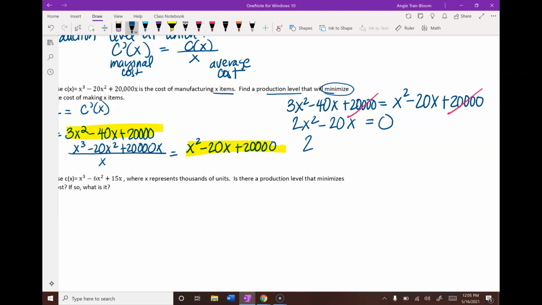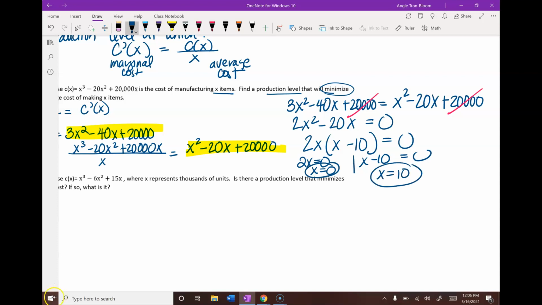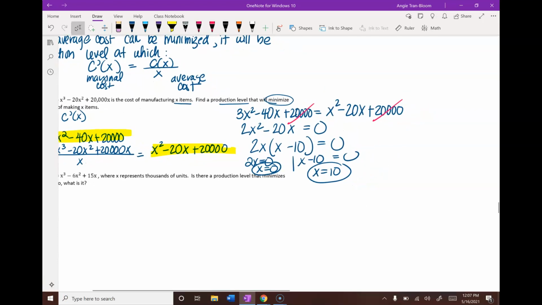Looks like I can factor out a common factor of 2x. If that's the case, I have x minus 10 left. Take each factor and set equal to 0. So 2x equals 0, x minus 10 equals 0, so I'm going to end up with 0 here, and then over here I have 10. For this particular context, it does not make sense to produce 0 items.